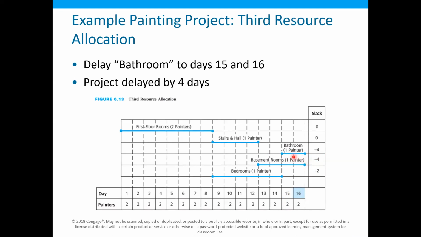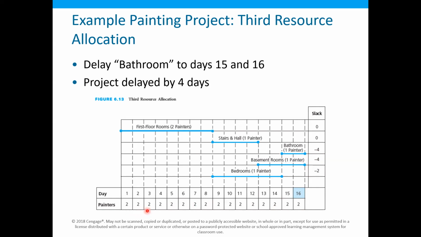You can see that for this bathroom one painter activity, the slack will change from -2 to -4. And now we can see that for all the 16 days of the project, there will be a maximum requirement for the painter of 2.